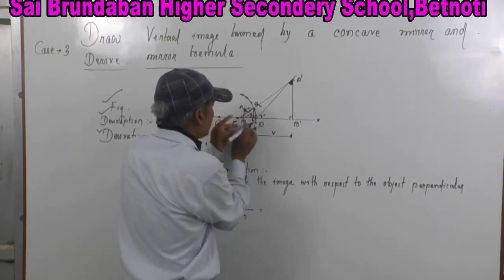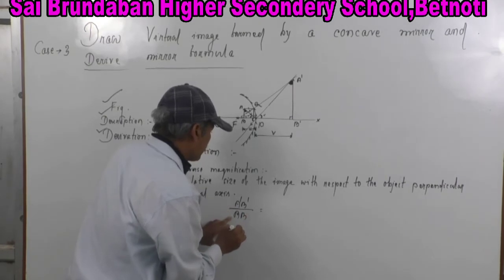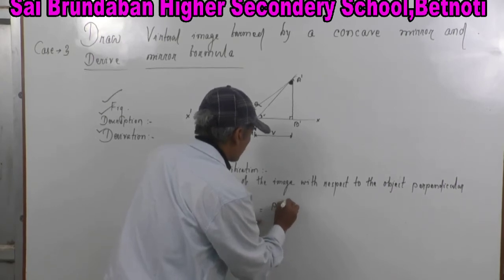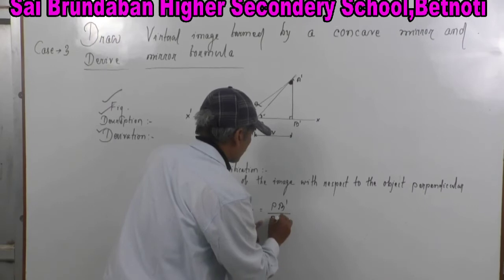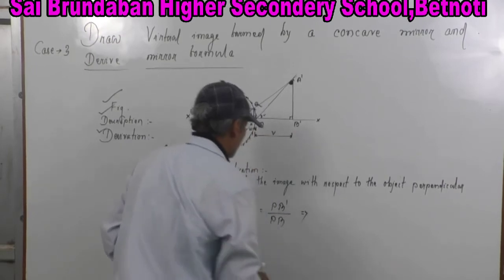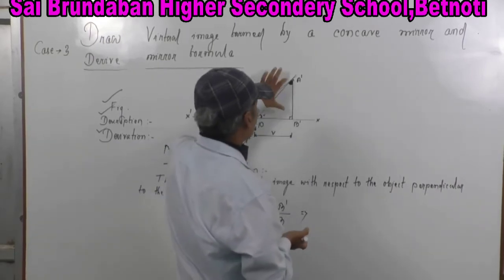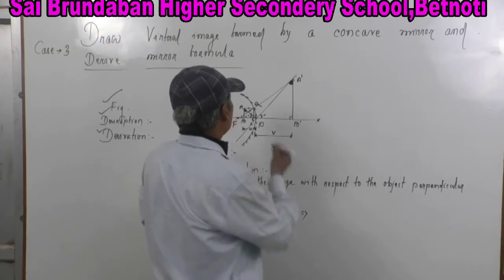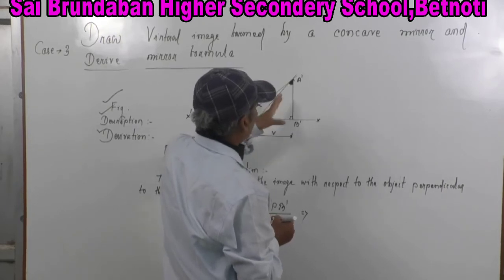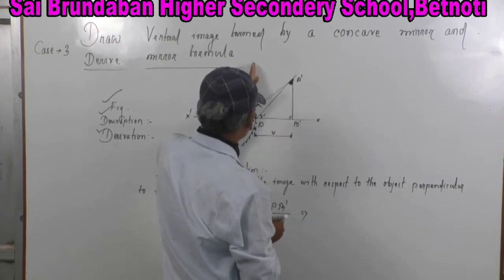You have to take this small triangle ABP and A dash B dash P. A dash B dash is the image, and this image is measured perpendicular to the principal axis, parallel to the y-axis.